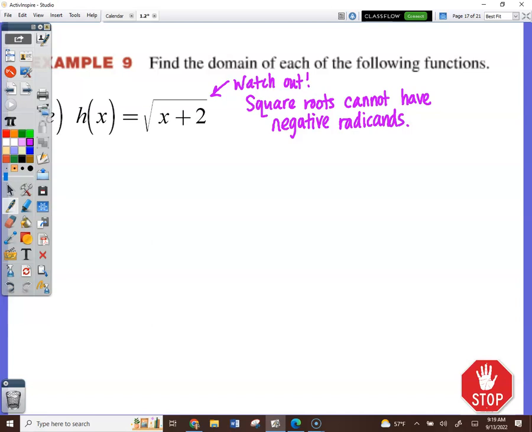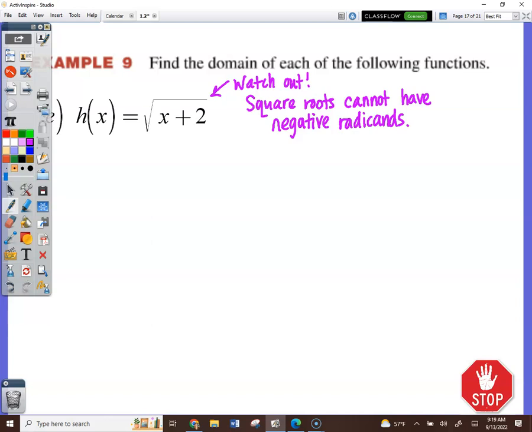Now, this one's a little different than the whole fraction technique. Can't have negative, right? Correct? Okay, I want you to visualize the number line. What's to the left? Negatives. What's to the right? What's in the middle? What's allowed?